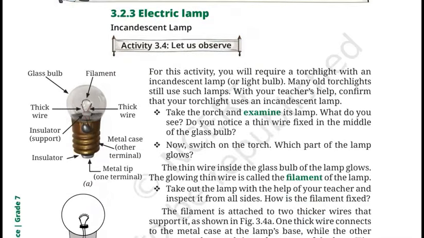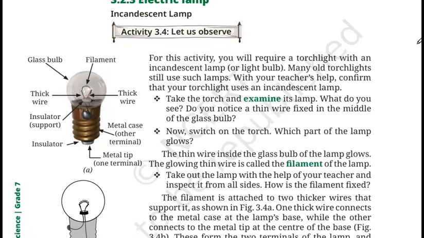Now, coming to the electric lamp. The electric lamp is also known as an incandescent lamp. Let us learn about an electric lamp, or we can also call it an electric bulb, that we see in our houses, right?